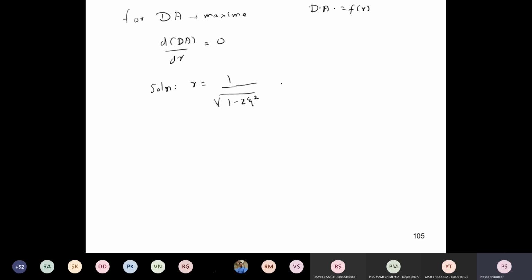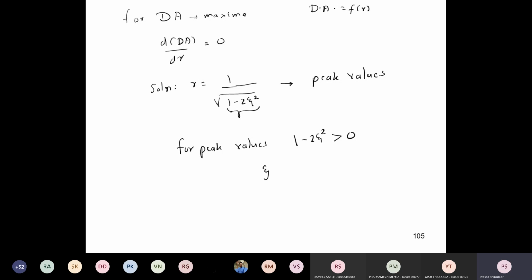This frequency ratio corresponds to peak values. In other words, for peak values, 1 minus 2 zeta square should be greater than 0. So this term should be greater than 0, only then the square root will be a real number.